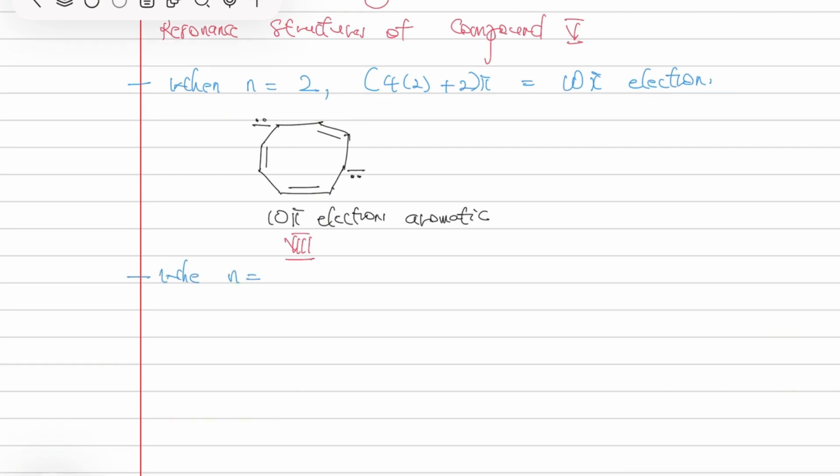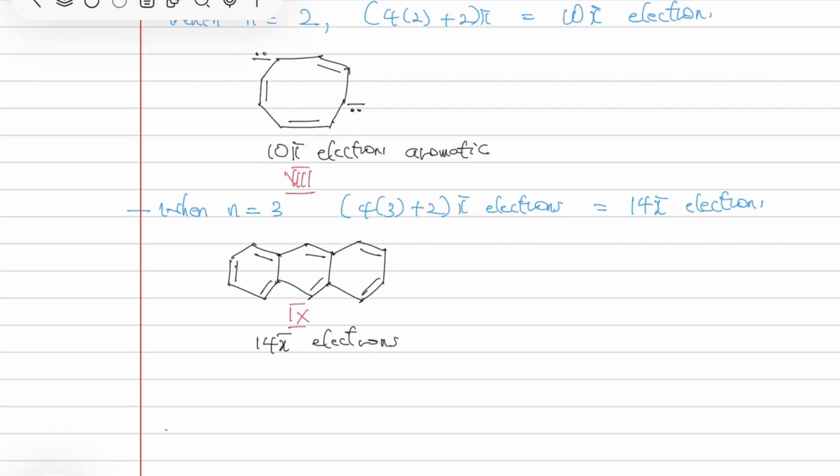When n is equal to 3, according to Huckel's rule, we are going to observe 14 pi electrons. This can be seen in compound 9 below. In compound 9, all the double bonds are in conjugation with one another and therefore this compound is aromatic with 14 pi electrons. One important thing to note is that in each pi bond, there are 2 pi electrons.